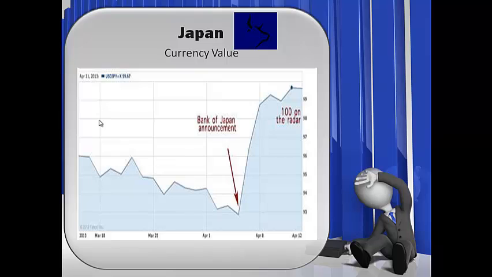The announcement made on April 4th included the following crucial points: an explicit target for the base money stock, 200 trillion yen by the end of 2013, and 270 trillion yen by the end of 2014. They want to increase private asset purchases.